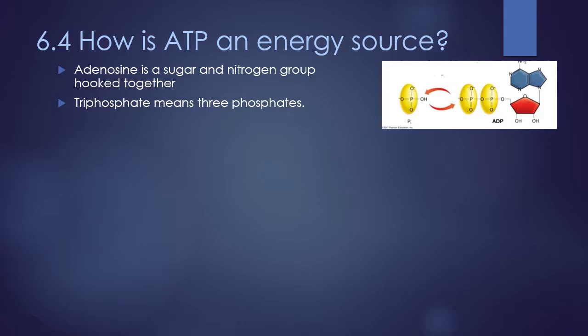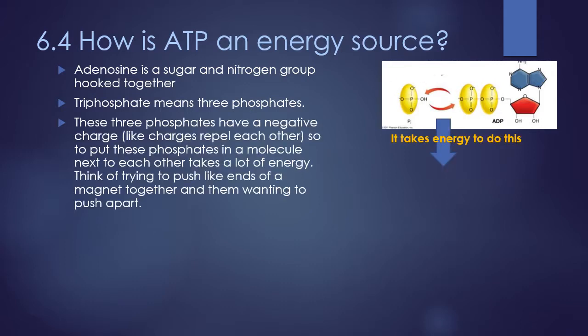And triphosphate means 3 phosphates. The 3 phosphates have a negative charge. So think of if you have a magnet with a negative end and a positive end. And so all those phosphates have a negative charge to them. And what you start out with originally is adenosine diphosphate. So adenosine with 2 phosphates on it.